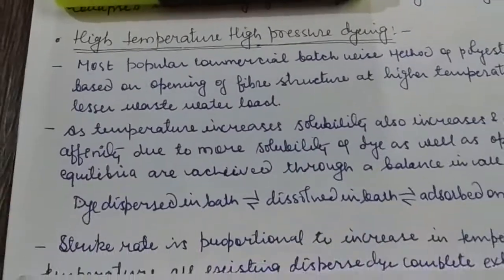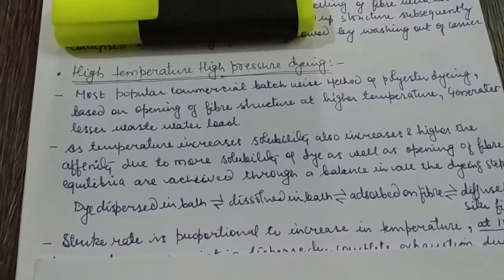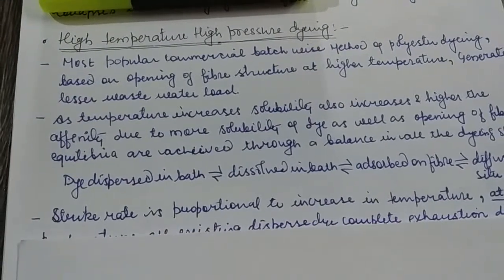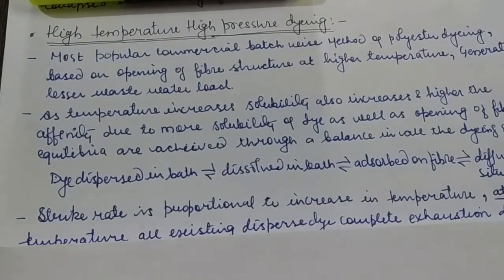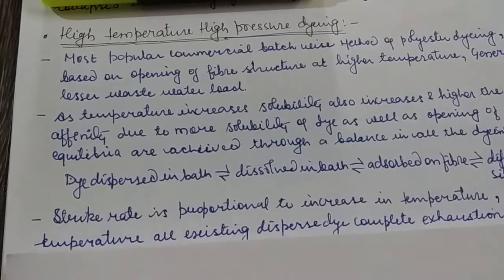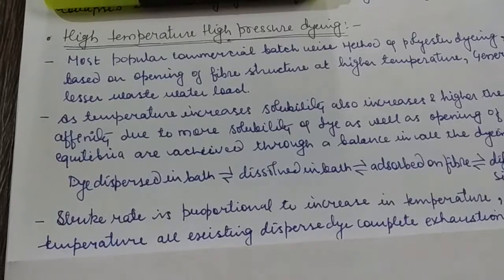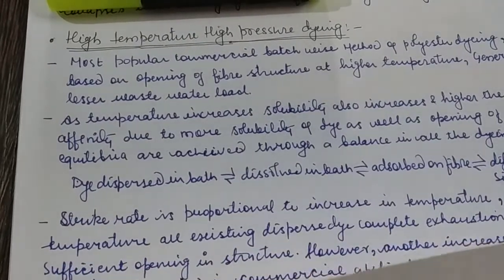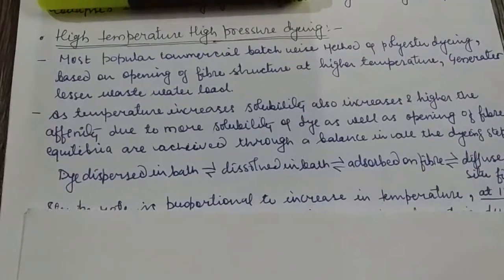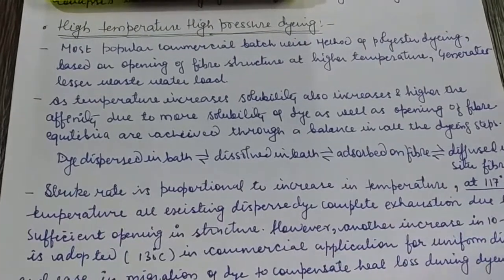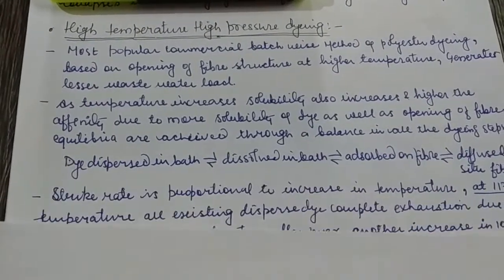So ultimately the penetration of dispersed dye into the fiber structure is increased as the temperature increases, via two things. One, as temperature increases, solubility increases, as well as at higher temperature opening of the fiber structure is more, so the penetration is also facilitated by more opening of the fiber structure at high temperature.